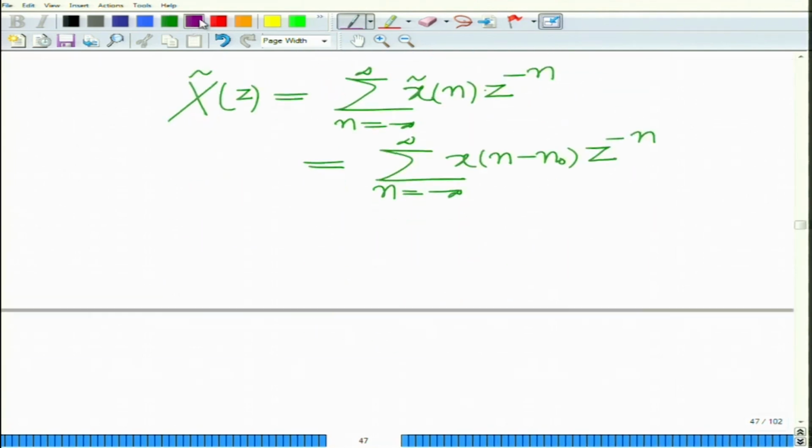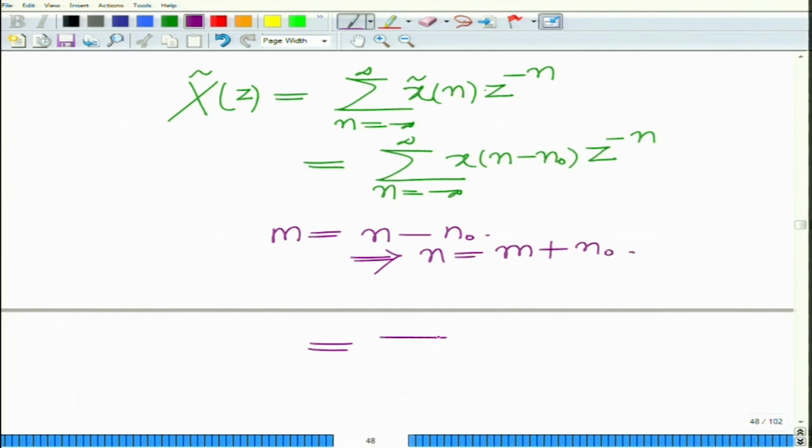Now, set m equals n minus n naught. This implies n equals m plus n naught, and the limits will still be minus infinity to infinity. Then x of n minus n naught is x of m, and z raised to minus n is z raised to minus m plus n naught.